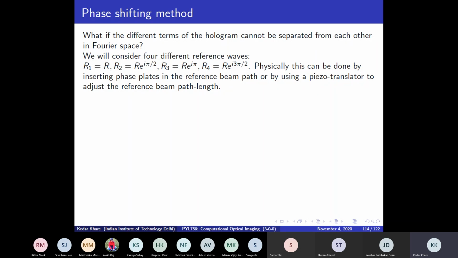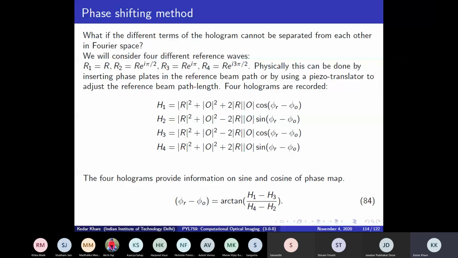And so the four interferograms, if you use these four different beams as reference beams, they are shown in these equations.